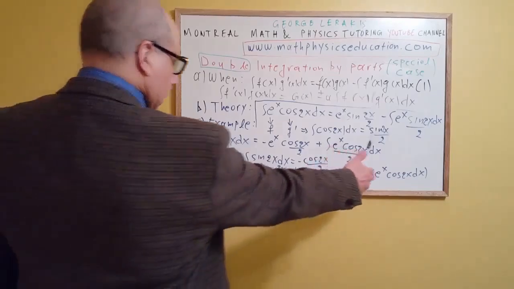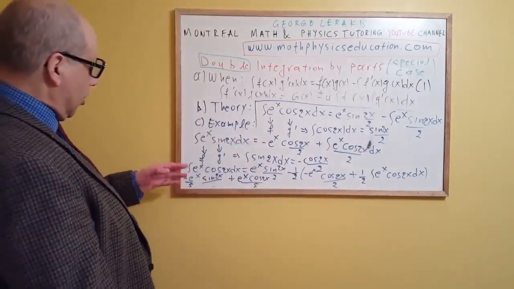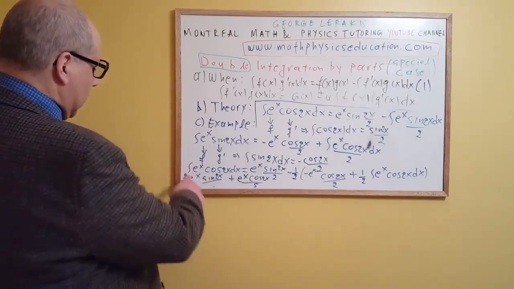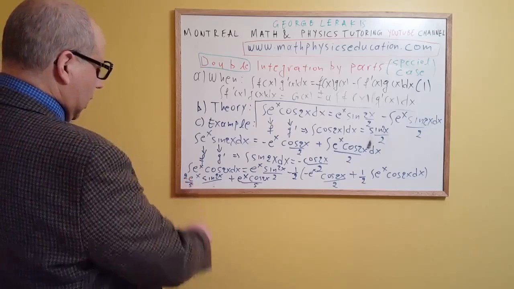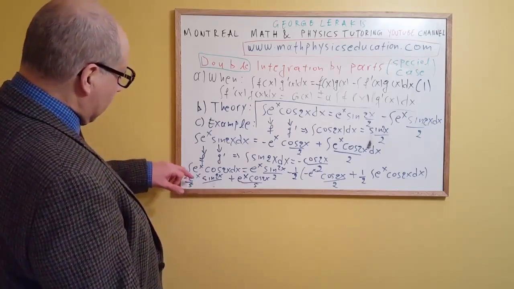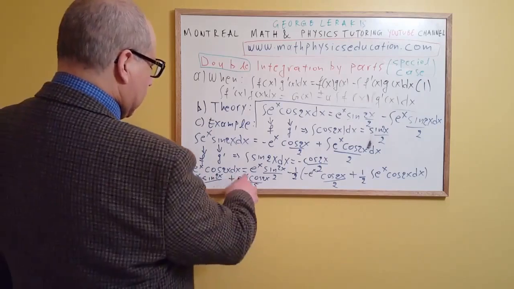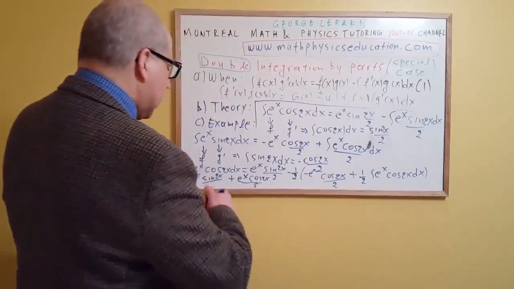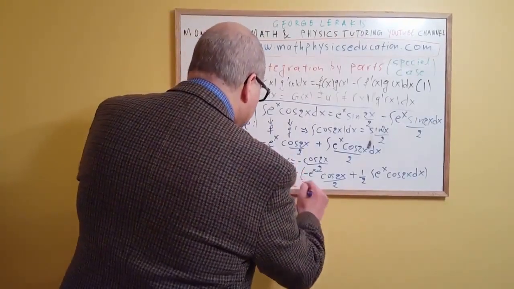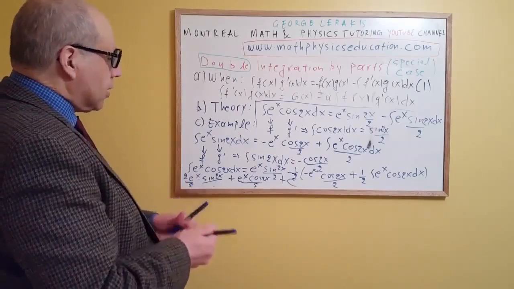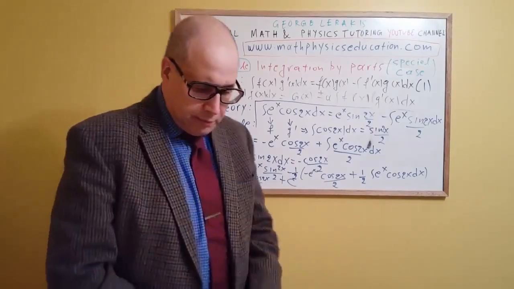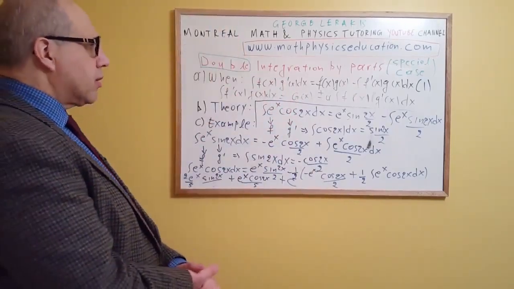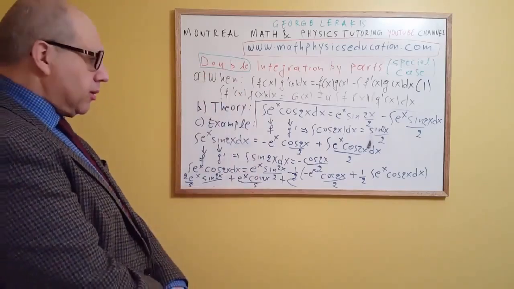If you do these calculations here, you will get that this integral that we were trying to find is equal to 2/5 e to the x sine 2x plus e to the x cos 2x over 5, and of course, sorry that I forgot, plus c, since we're talking about an indefinite integral. So that's how you do this special case of double integration by parts.